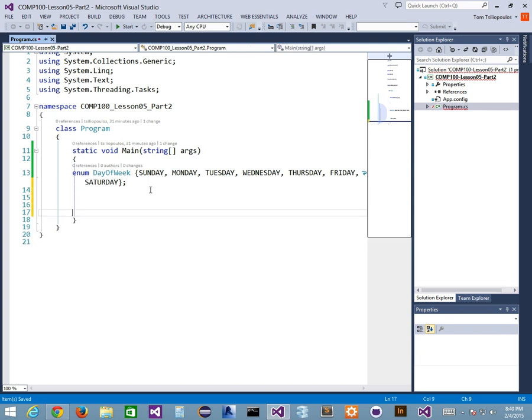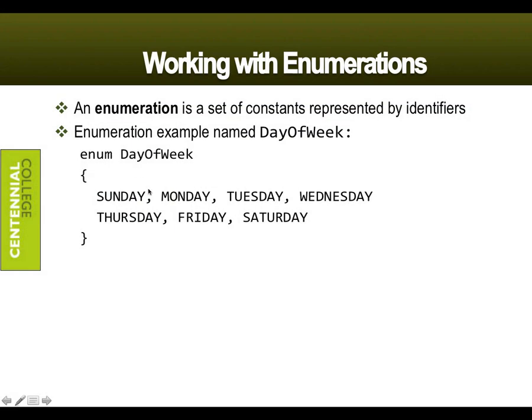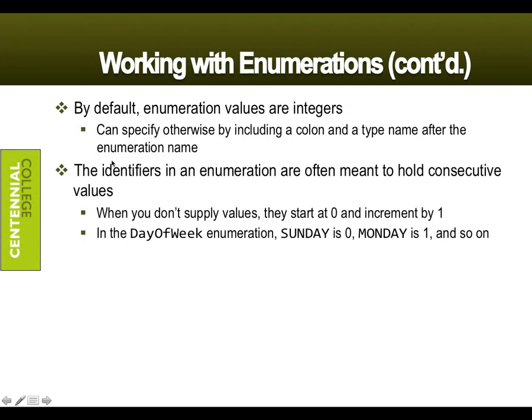Now I want to access my enumeration. How do I access my days of the week? I've got to say something like this: day of the week. And I want to access my members. How do I access Sunday, Monday, Tuesday, Wednesday, and so on? Once I call enum, it's a bunch of constants that make up the day of the week.